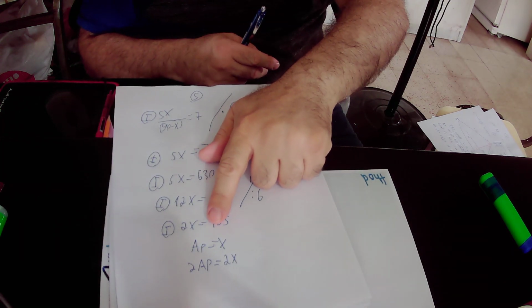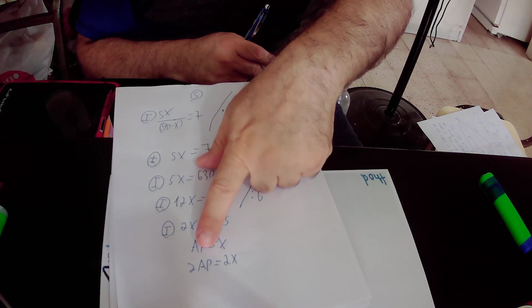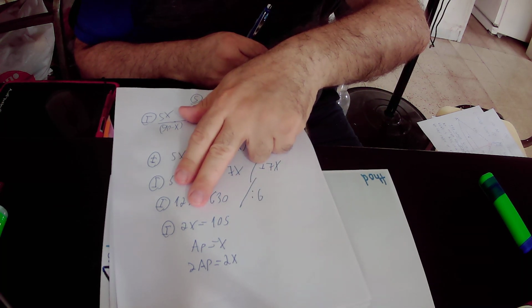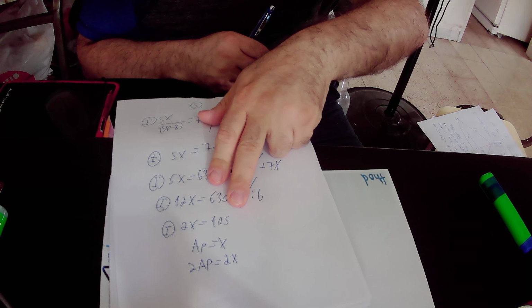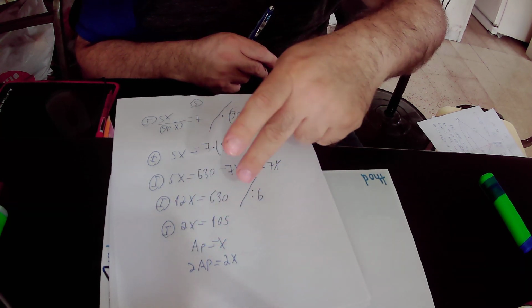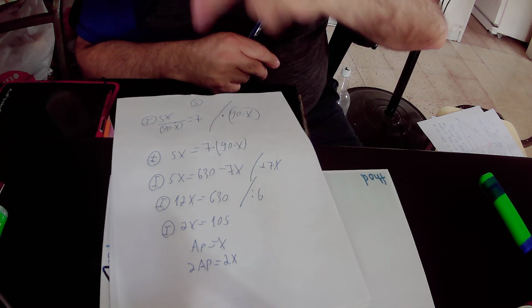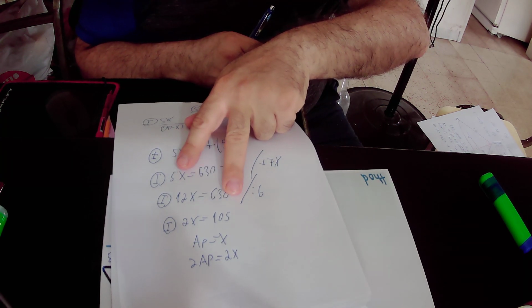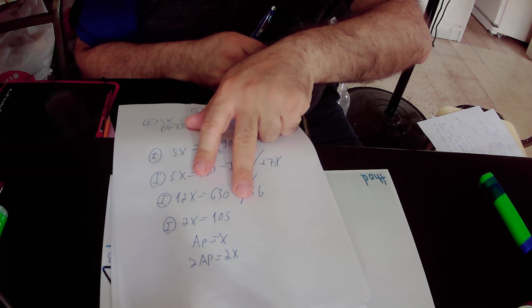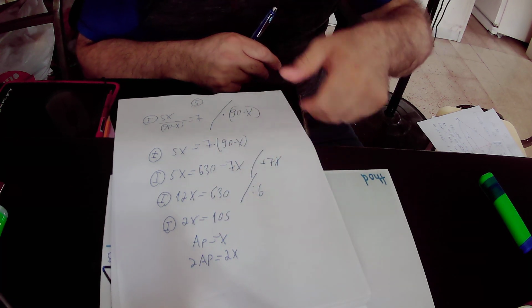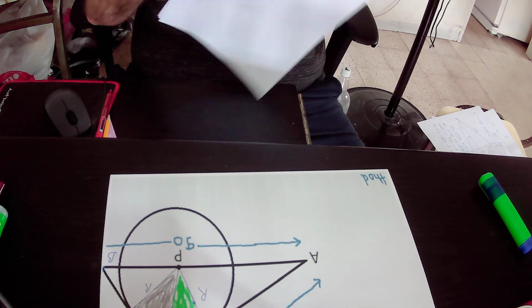According to our definition, AP equals x, so 2 times AP equals 2 times x. So 2 times x equals 105, and 2 times x equals 2AP. So we can write that 2 times x equals 105 equals 2 times AP, because 2x also equals 2 times AP.